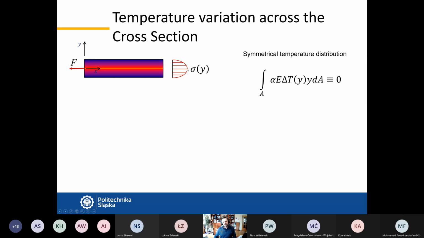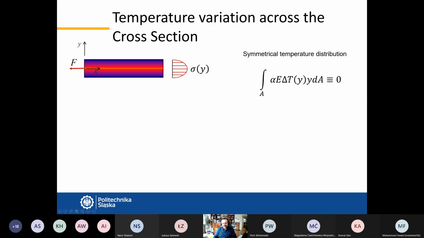So if inside is higher temperature than at the sides, we have such a parabolic distribution of stresses. The symmetrical temperature distribution results in the total force generated here being zero. So the integral of stress over the entire area is equal to zero.